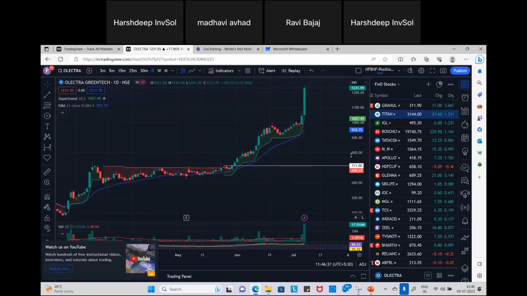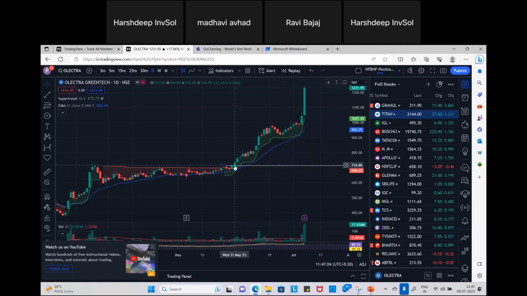So the entry point was 713. And if you see, it has also closed above this 21 moving average. So whichever candle closes above the 21 moving average and when the super trend is green, there you have to take the entry, which is this price 716.